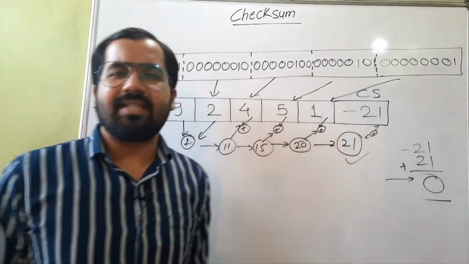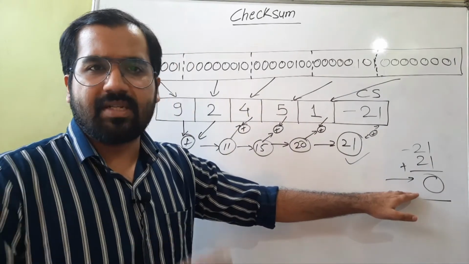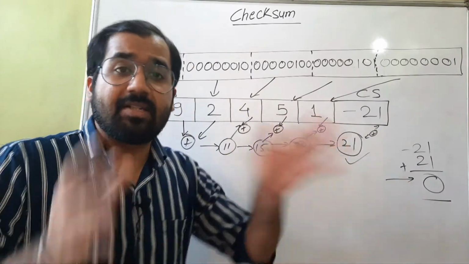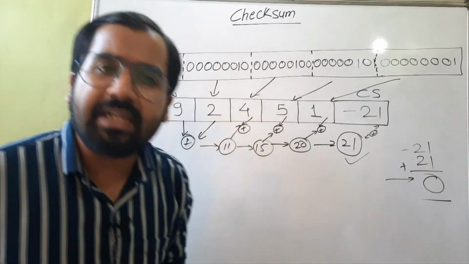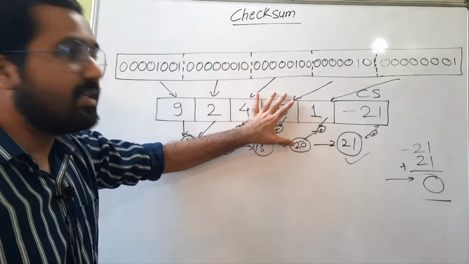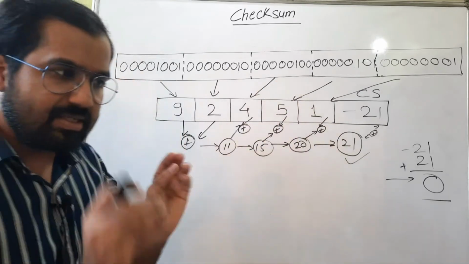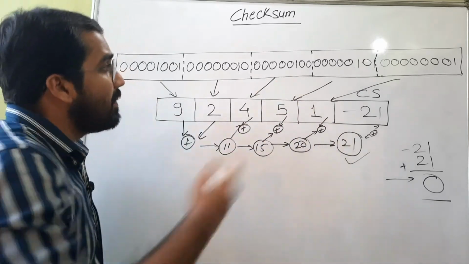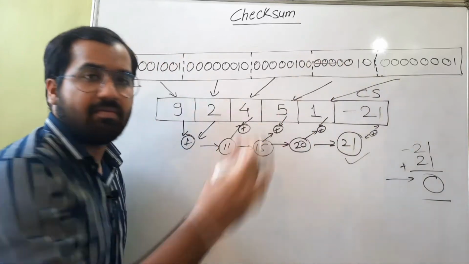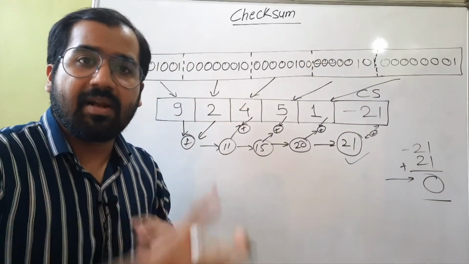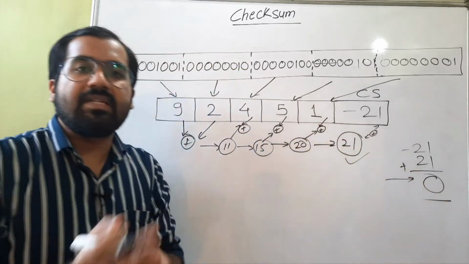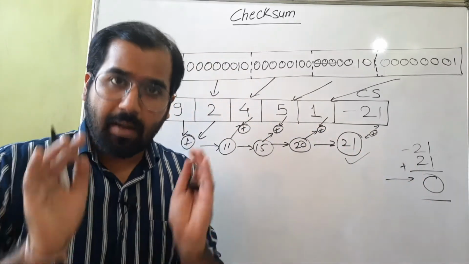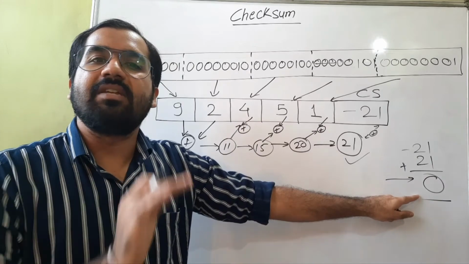But in case the number that you got as an output at the receiver end is not 0, it's a non-zero number, then what does it indicate? It simply indicates that there is some problem with the data, some error in your data. Maybe some bits have been altered, some error is introduced in your data, and that is why the result that you got is a non-zero number at the receiver side.